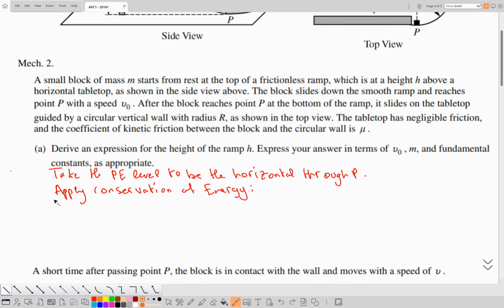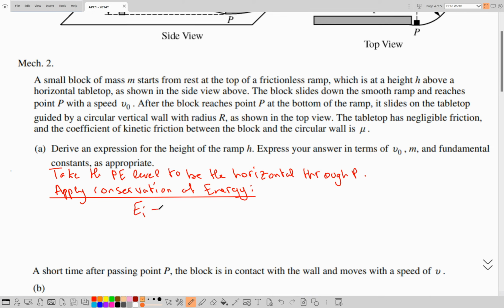Energy initial is equal to energy final, where energy is kinetic plus gravitational potential energy. It is released from rest, and based on our choice that would be 0.